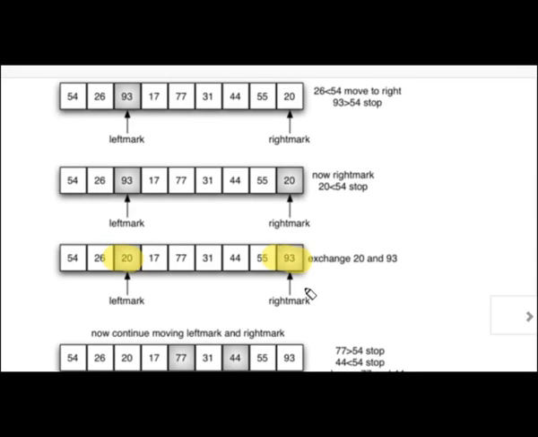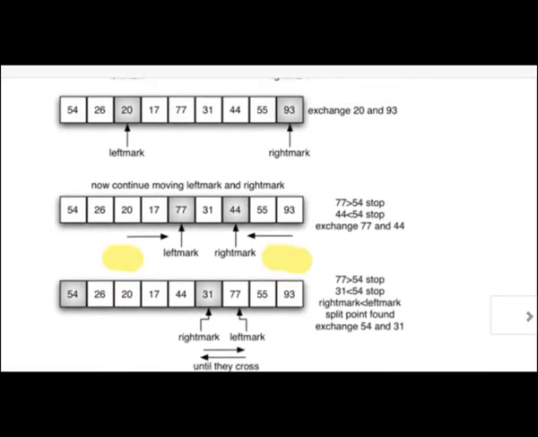Again we will go in search of an element which is greater than 54, and there our pointer will stop. Similarly, we will decrement j until we get an element smaller than the pivot element.